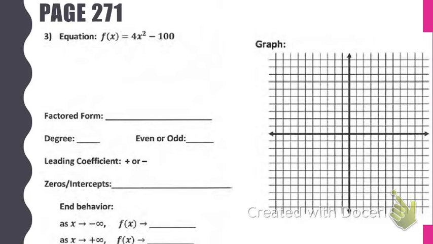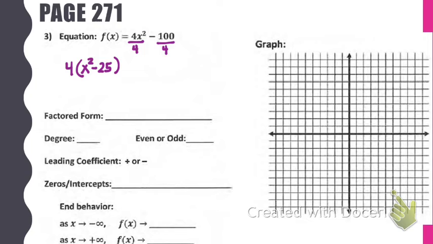So for number 3, we have to factor it first. The first thing we're going to do is take out our GCF, which would be 4. So let's divide both of these terms by 4. So this is factoring. We haven't had to factor for a while.